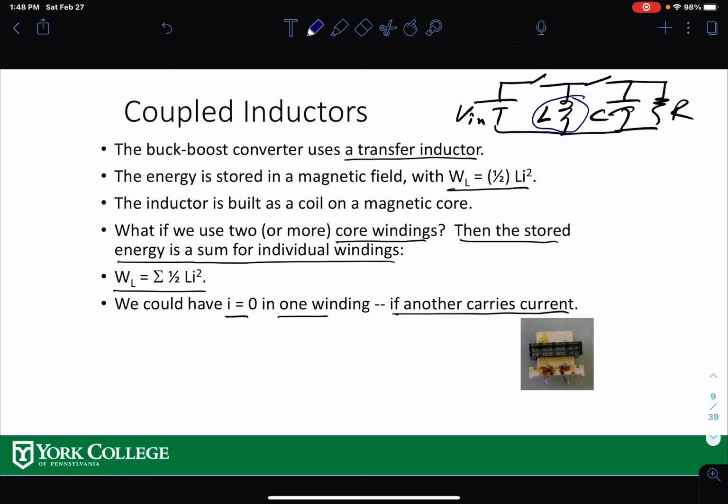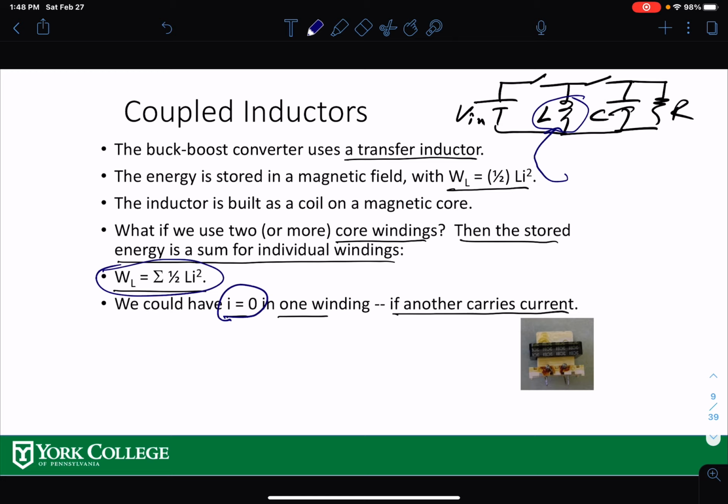And if we now split this inductor in two or more, then we'll get this one over here. So we can add all the energy stored in different inductors together to find the total energy stored in the inductor. If any inductor has zero current, that will have zero energy stored in that inductor.